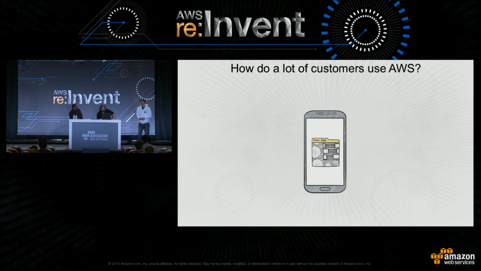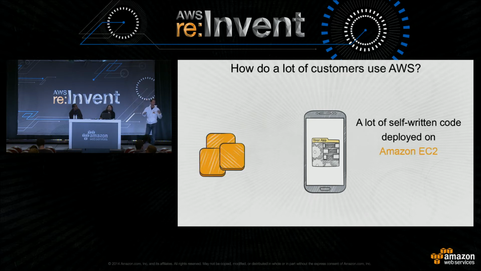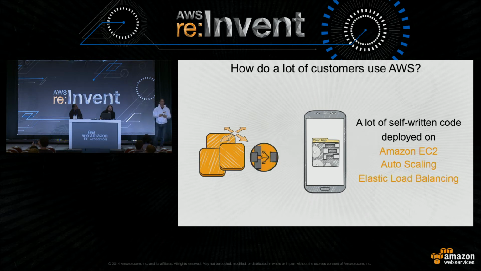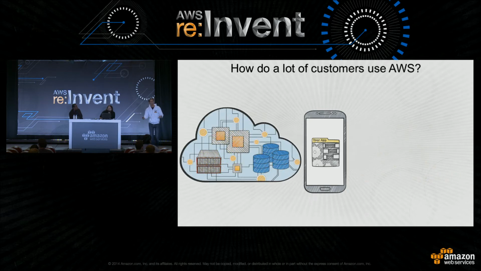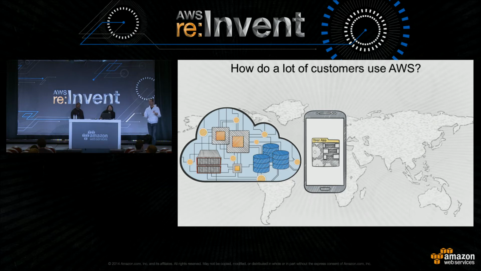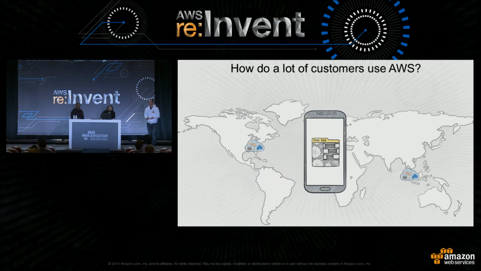So how do a lot of customers use AWS? They have a lot of self-written code that is deployed on Amazon EC2 together with auto scaling and, of course, Elastic Load Balancing to distribute the traffic. And, of course, this is deployed in one of the regions. And if you go global, you might deploy this in more than one region. So you have deployed this in 2 regions.